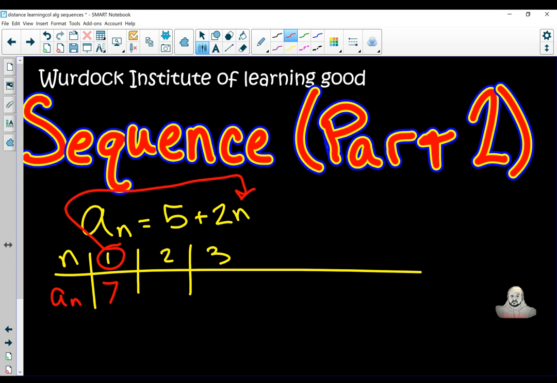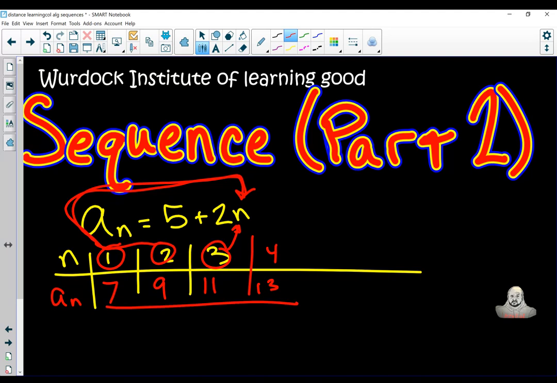Very good. And if I put a 2 in here, this time 2 times 2 is 4, plus 5 is 9. When I put a 3 in for n, I get 5 plus 6, which is 11, and so on and so forth. And now we can pretty much feel comfortable knowing that this list makes what's called an arithmetic sequence. It looks like the word arithmetic.